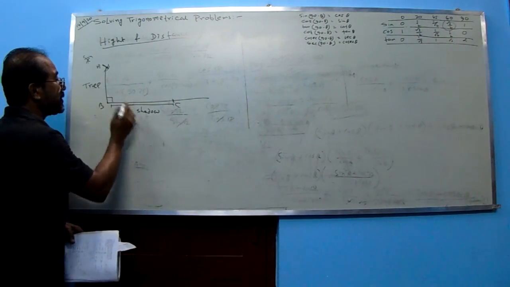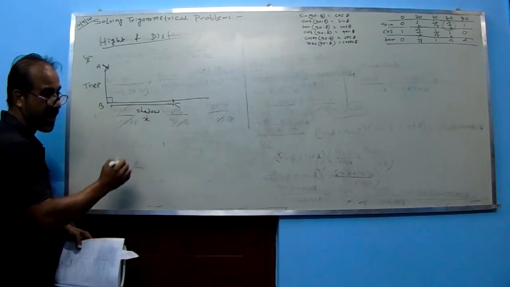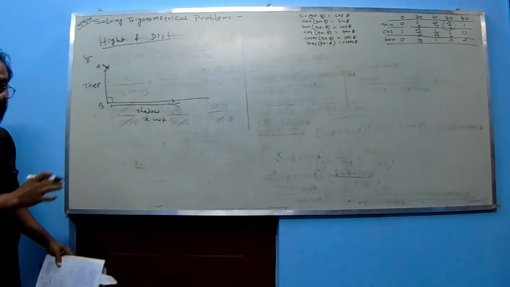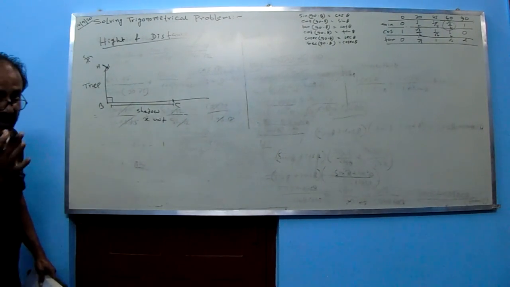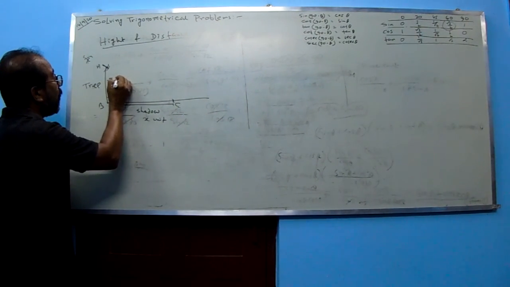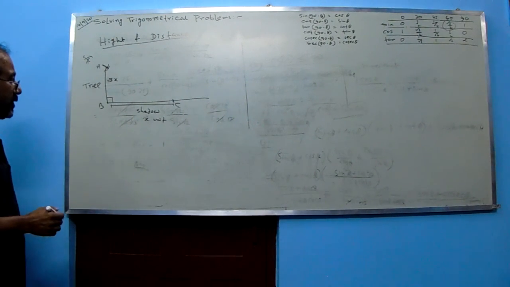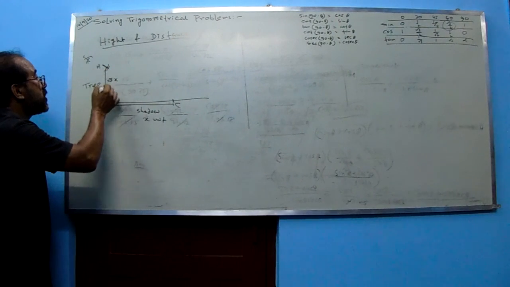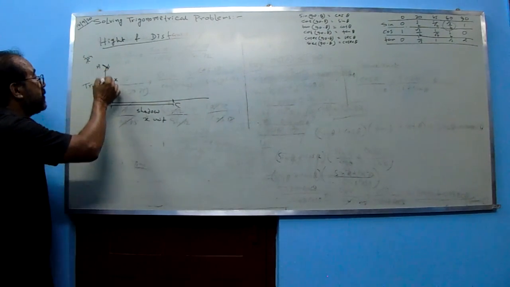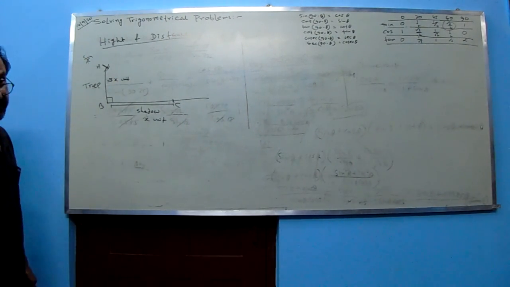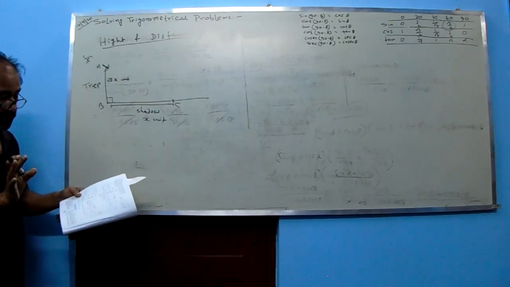So if the shadow is taken as x unit, then the height of the tree is root 3 times its shadow, so I will write root 3 x. The length of the tree is root 3x unit as per this rule.